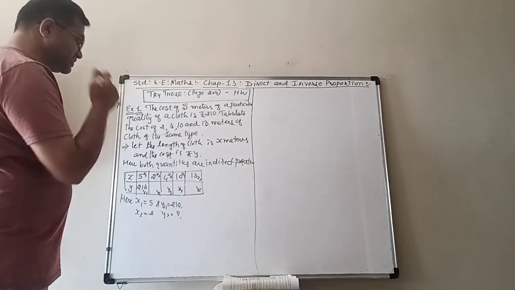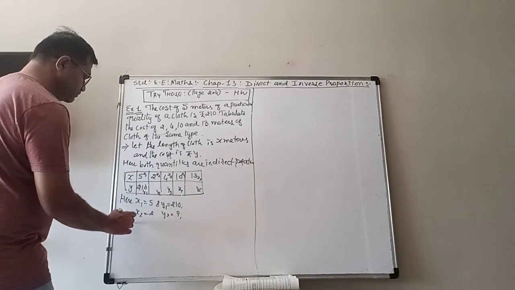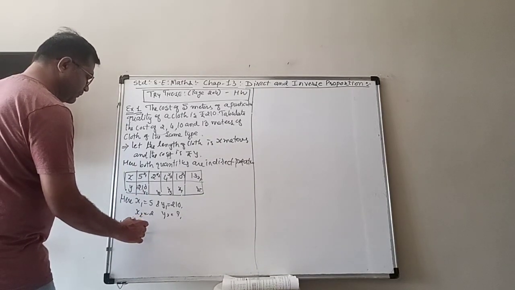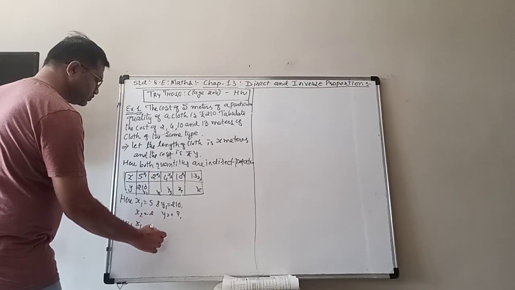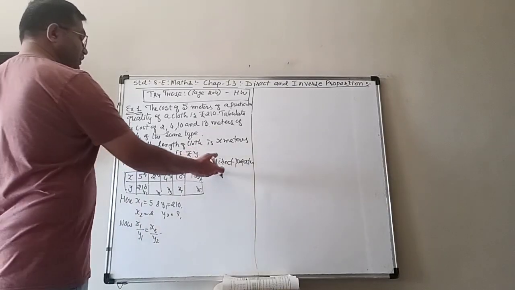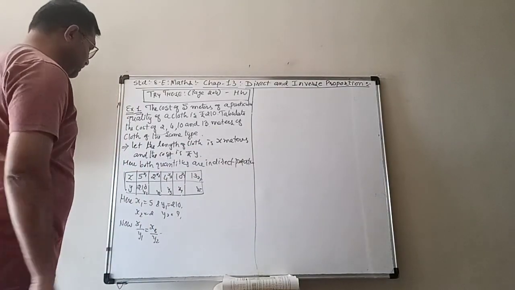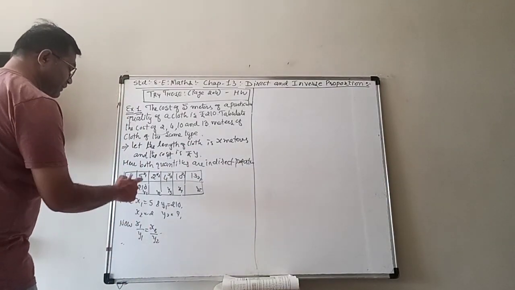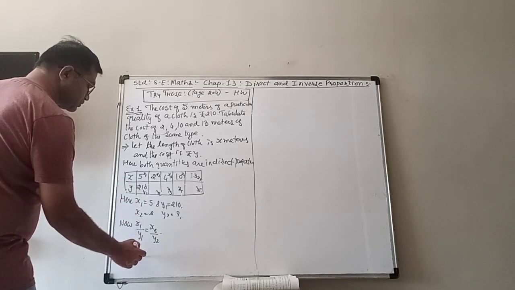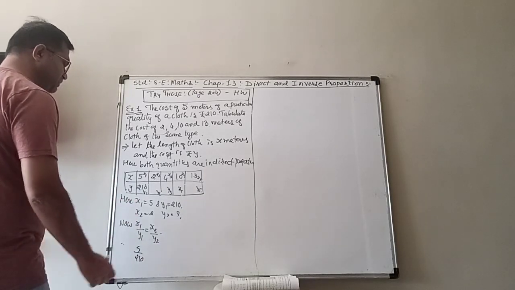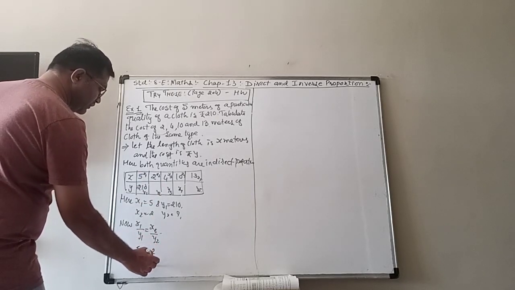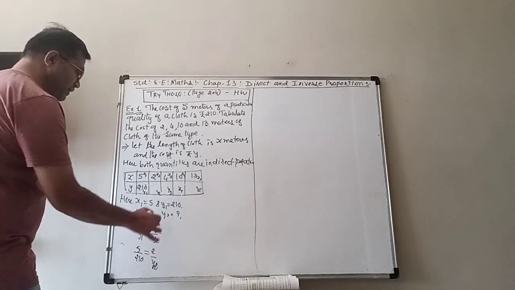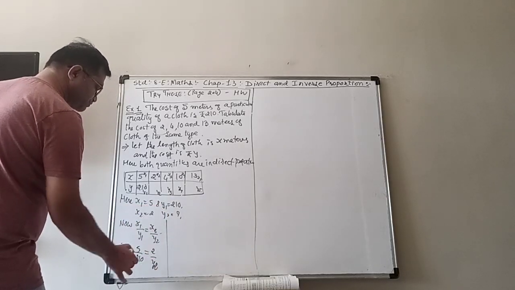So now we will take the relation. x1 upon y1 is equal to x2 upon y2, because we already wrote that they are in direct proportion. So now the value of x1 is 5 upon 210, x2 is 2 upon y2. Now we have to do the cross multiplication.